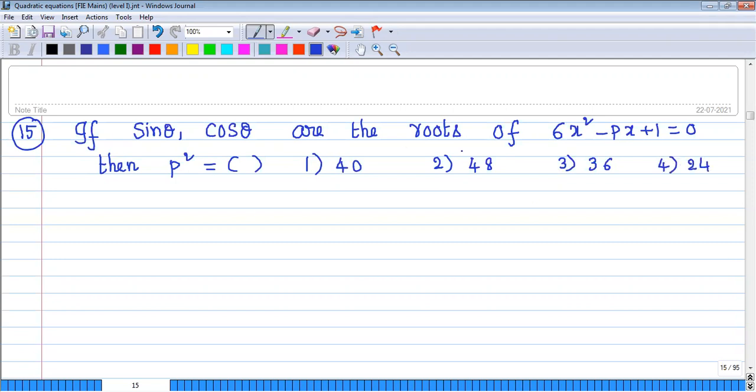So first all of you read the question and note down the question, then I will switch over to the 14th problem.